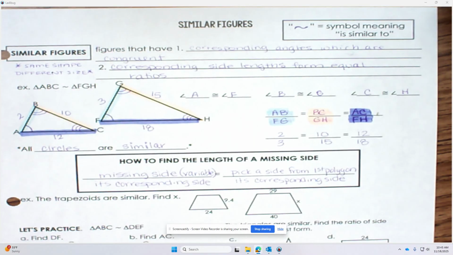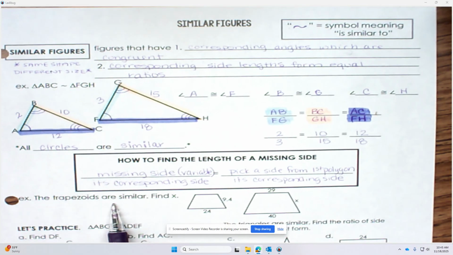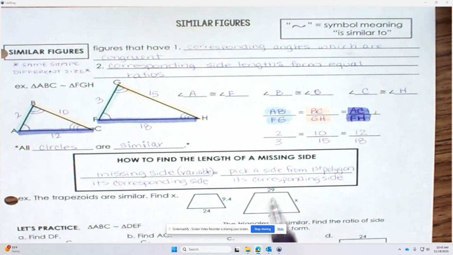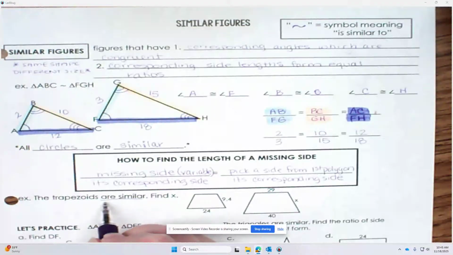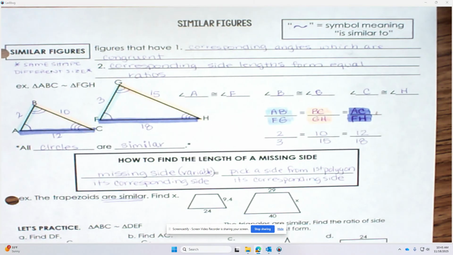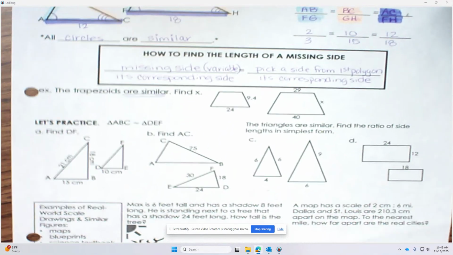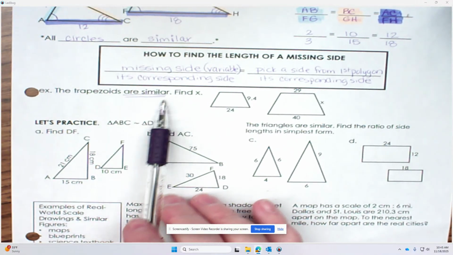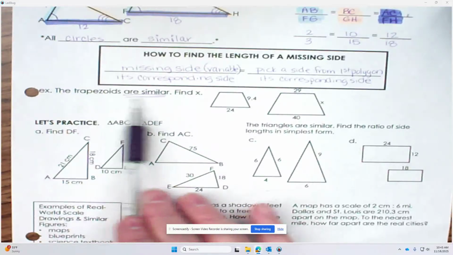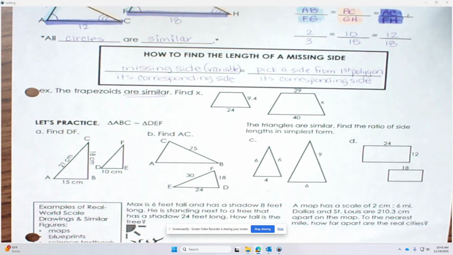Okay. So here we've got the trapezoids are similar, find x. So they're telling us they are similar. They are not asking us. They are giving us that information. I'm going to go ahead and bump that up for you guys. They are not asking us, are these similar? It says the trapezoids are similar. We know they're similar.